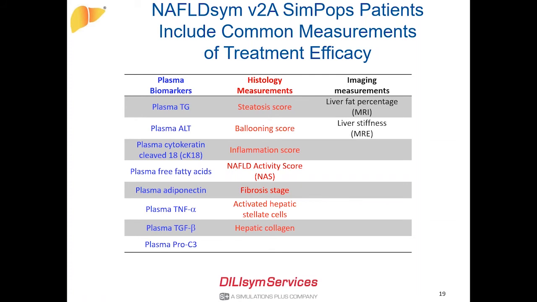You can see in the blue are the plasma biomarkers, the red the histology measurements, and the black are the imaging measurements. So starting left to right to highlight a few, obviously liver fat using MRI, liver stiffness using MRE, a measure of collagen amount, the histology looking at the steatosis, the NASH score, the fibrosis stage, as well as classic plasma biomarkers, perhaps the true classic being plasma ALT, but also some emerging ones such as plasma ProC3.